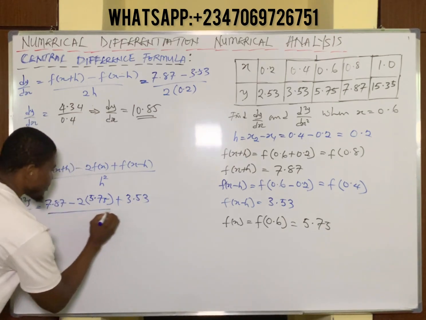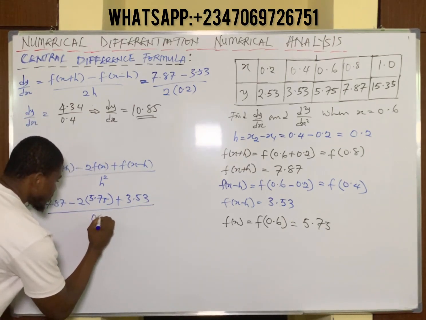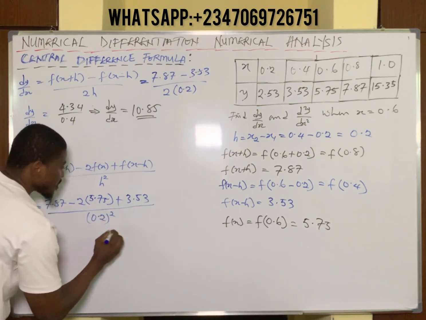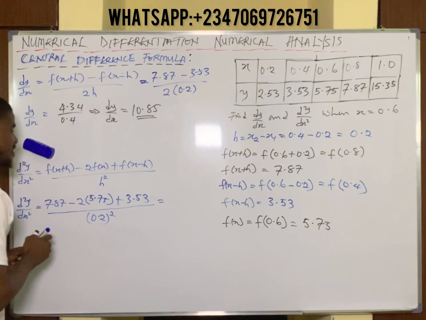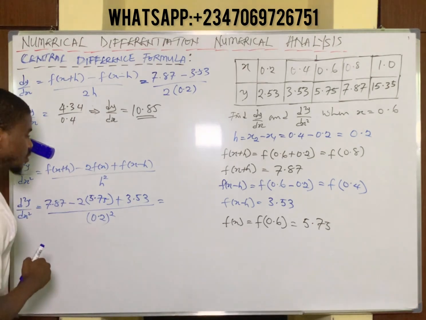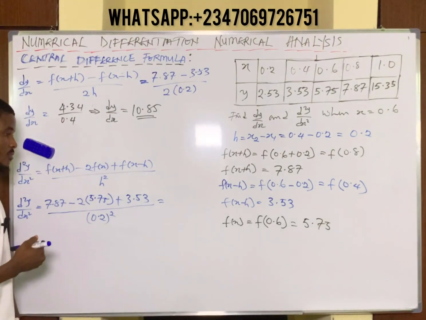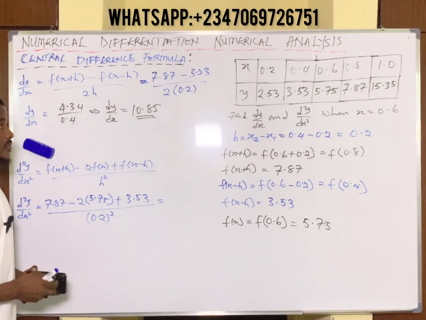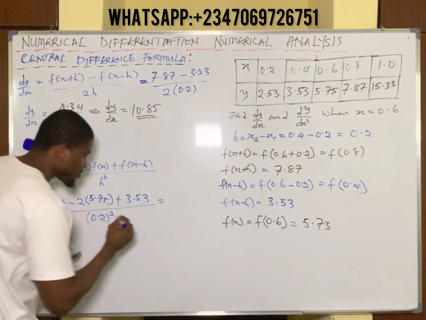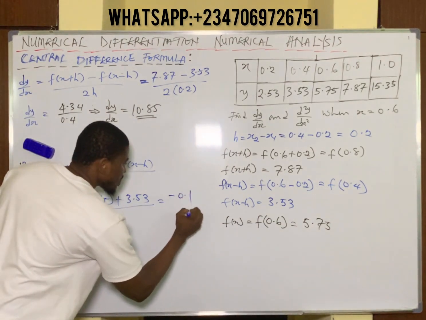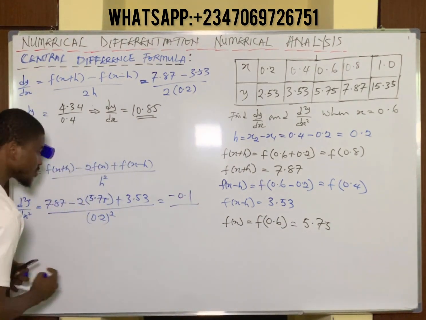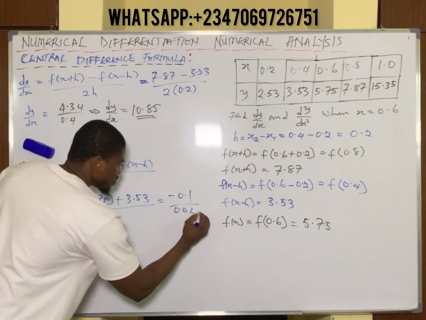The whole of this divided by h squared, h is 0.2 all squared. So I'm going to evaluate everything at the numerator altogether just to save time. Do well to punch along with me to avoid calculation errors. So everything at the numerator simply gives us negative 0.1, divided by 0.2 squared, which is 0.04.